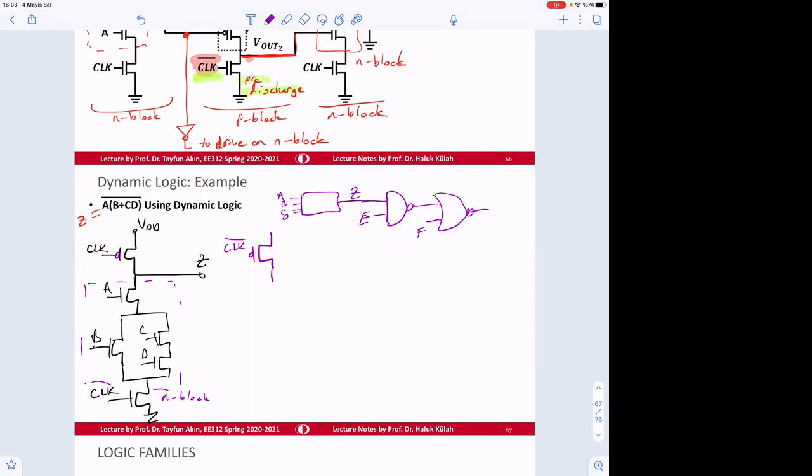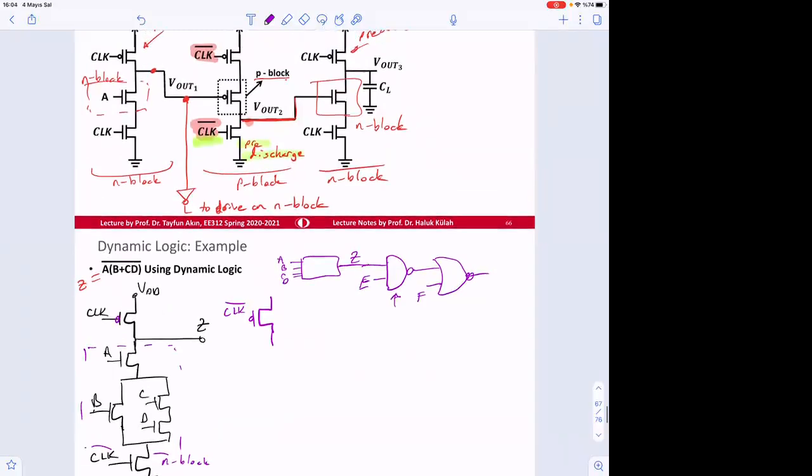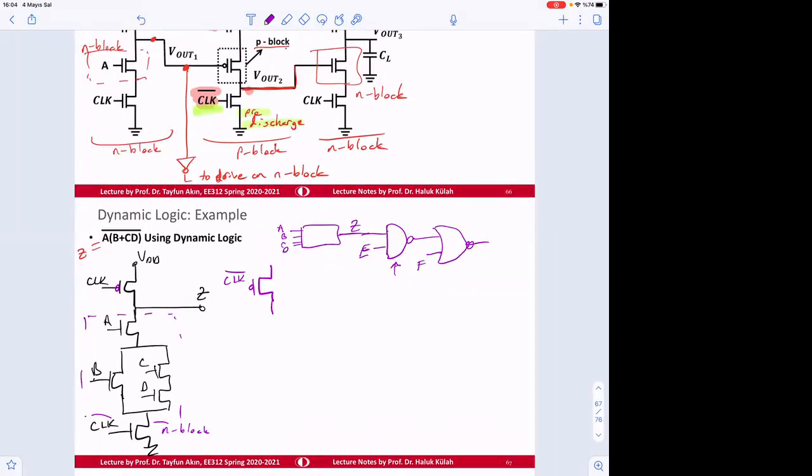And now, how can we implement NAND in P block? Remember NAND gate? If you remember the NAND gate, how can we draw the NAND gate? Maybe I'll do this. The NAND gate is implemented like this, right? So this is the AND block part.